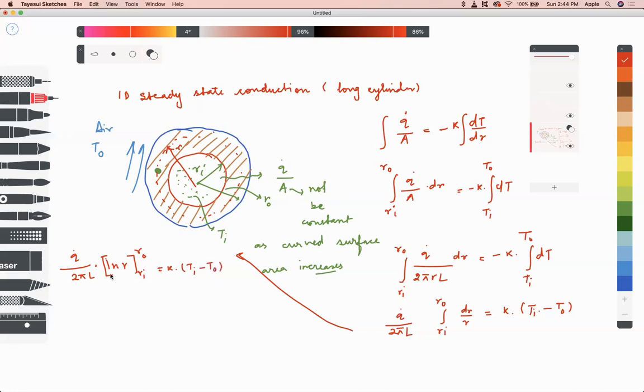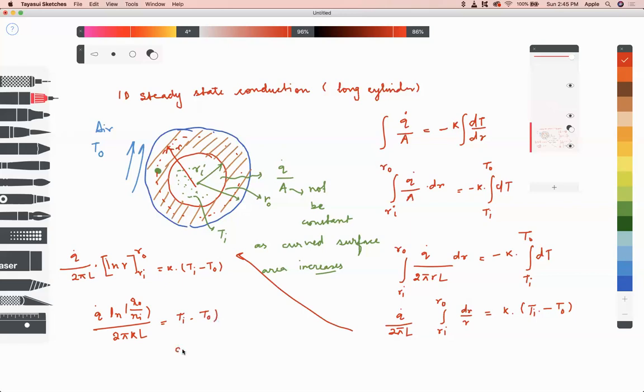So if you simplify, this will be Q dot into ln r naught by ri divided by 2 pi kL is equal to Ti minus T naught.